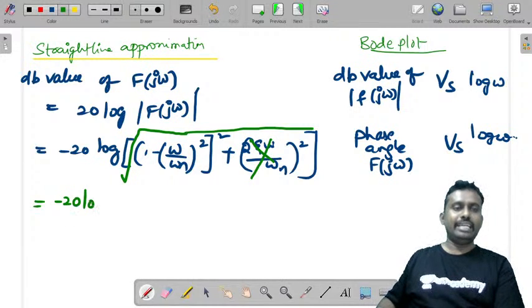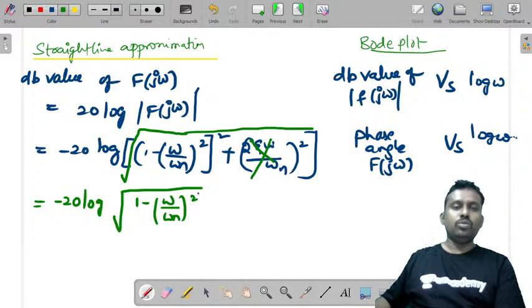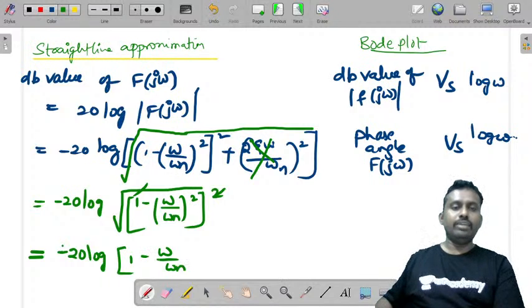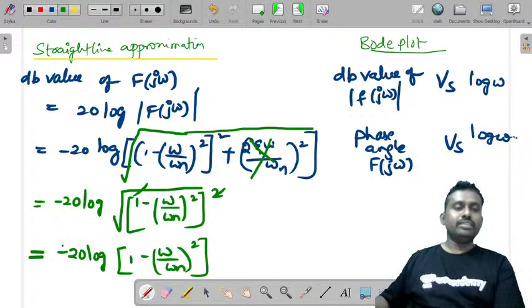Taking the square root of 1 minus omega by omega n whole square, the square cancels the root, and you get minus 20 log of 1 minus omega by omega n whole square. With this, we can find the straight line values at lower and higher frequencies.